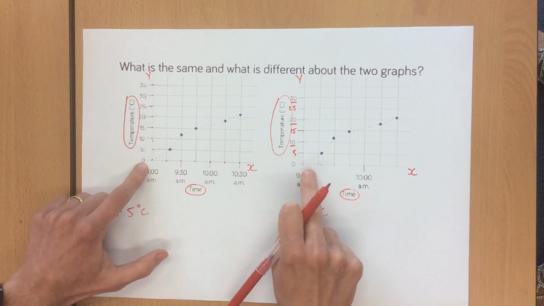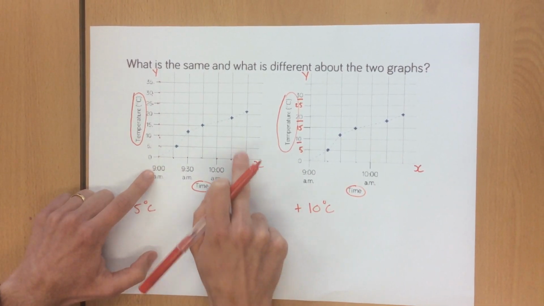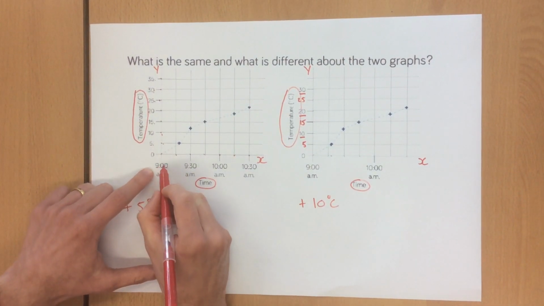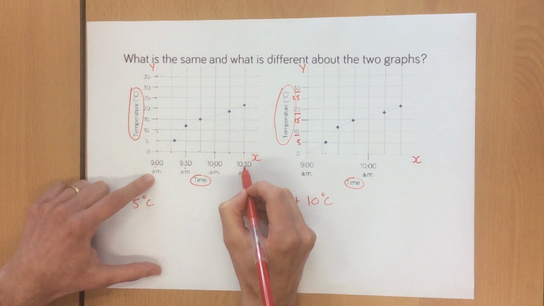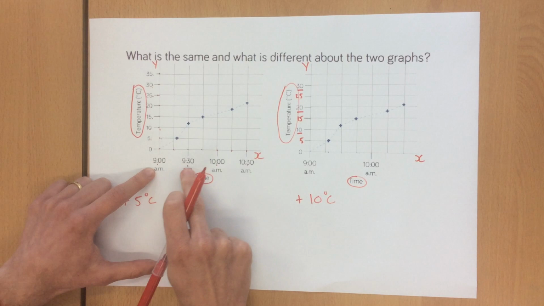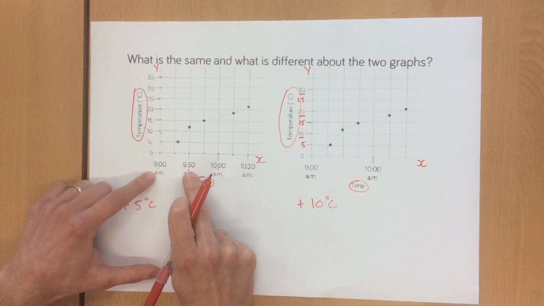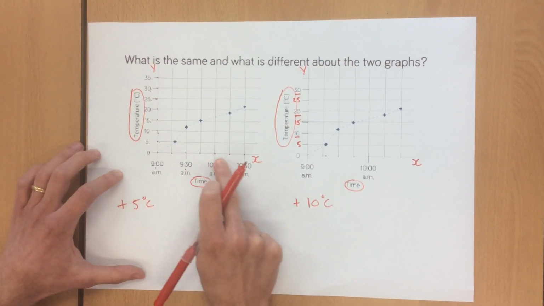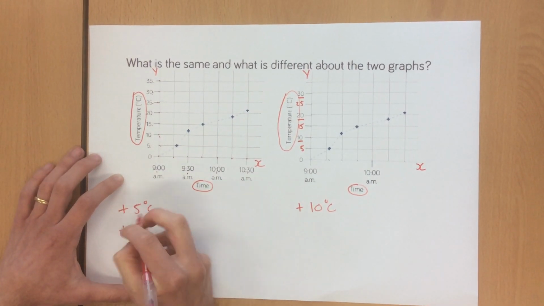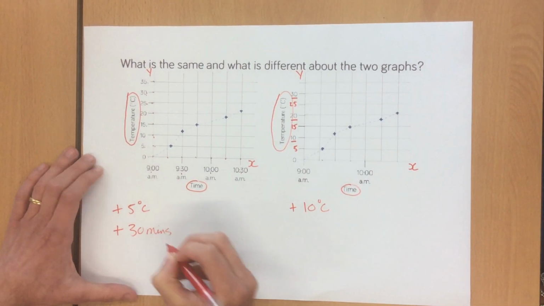Next, let's look at the scales on the x-axis. We know that they are in time. On the x-axis, on the first line graph, it goes 9 o'clock, 9:30, 10 o'clock, 10:30. So what are the stages here? What are the steps? 9, 9:30, 10 o'clock, 10:30. Well, on the first line graph, it's going across every 30 minutes.